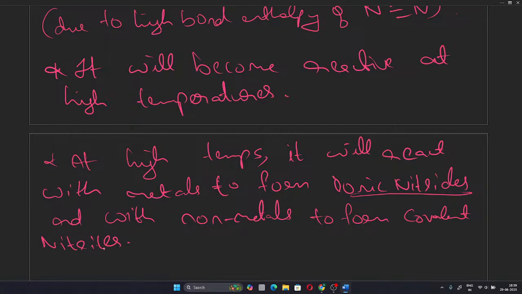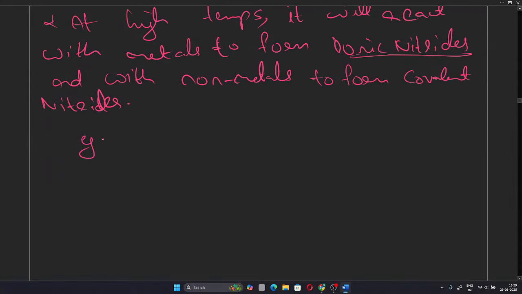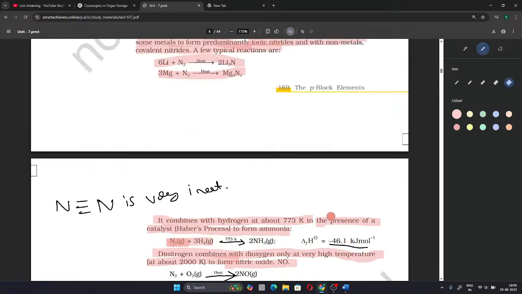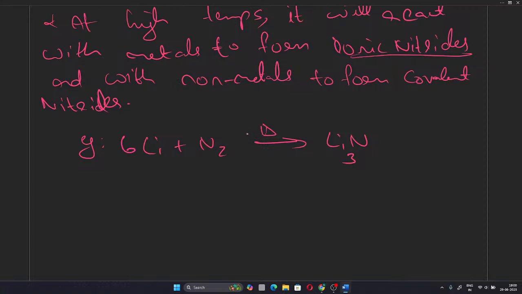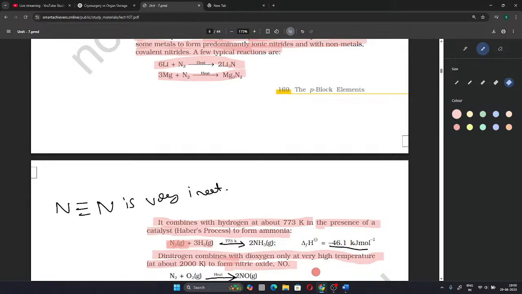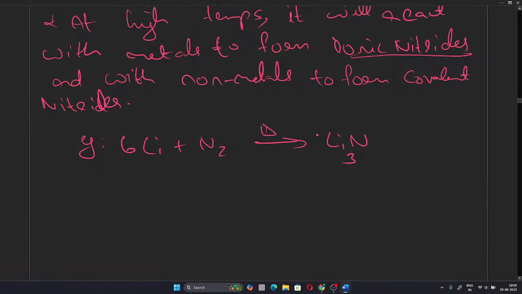Nitrides, I believe. Example, Li plus N2, heat, gives Li3N.